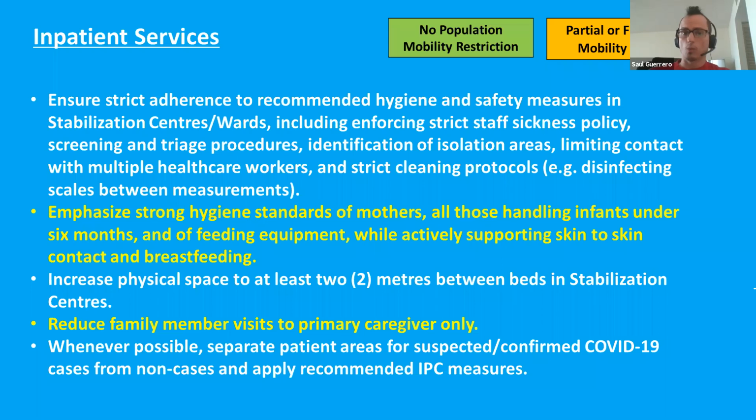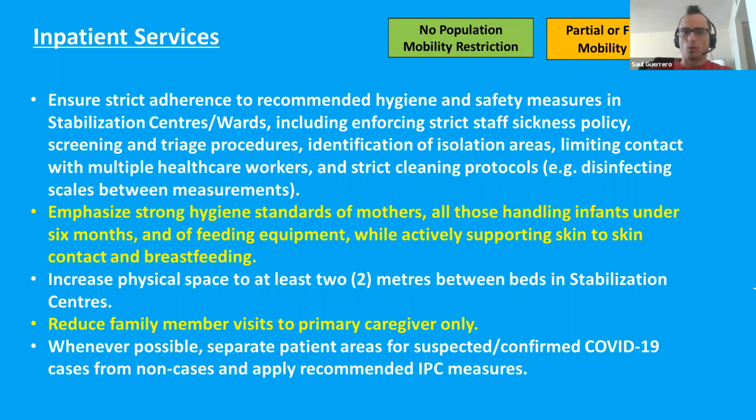That needs to be our number one priority, and it applies to the cleaning protocols, but also to limiting contact with healthcare workers. The critical thing as well was supporting mothers and ensuring strong hygiene standards in the handling of infants under 6 months and all the feeding equipment.